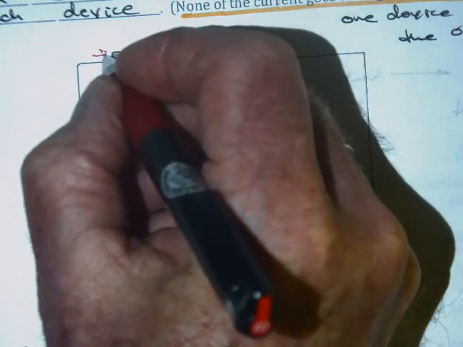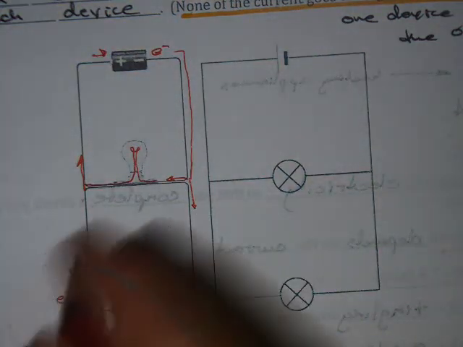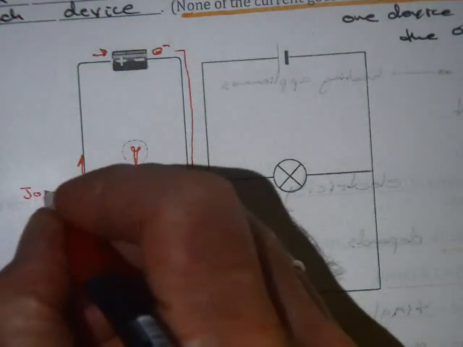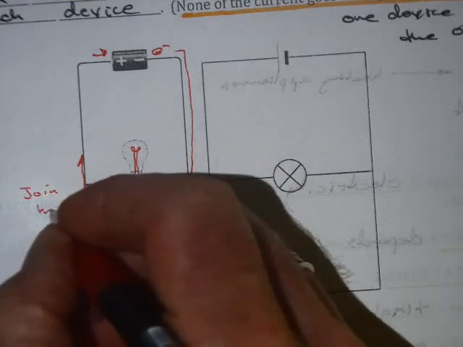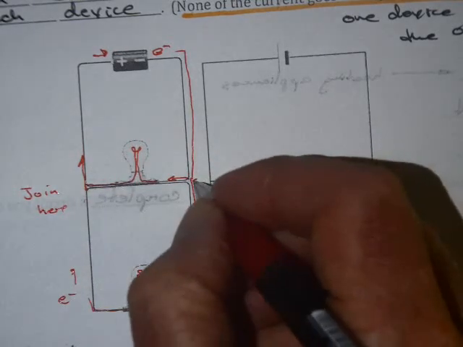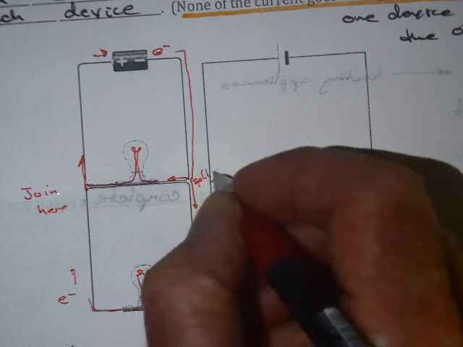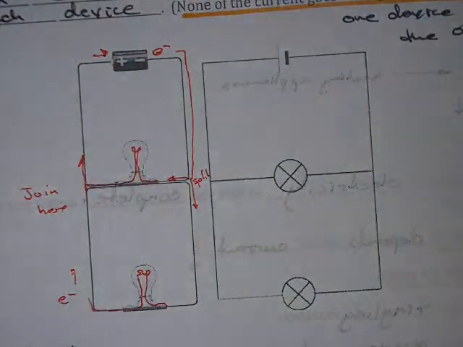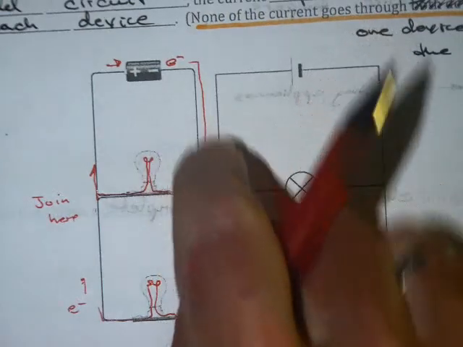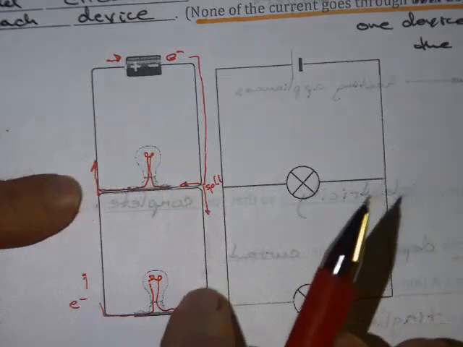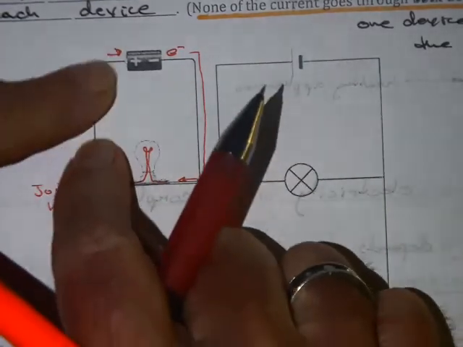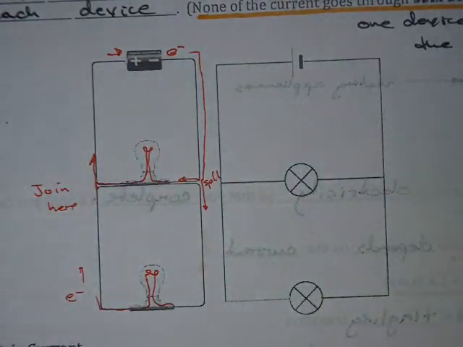They'll join up and return to join here and split here. Okay, so it's like if you have one bigger stream and it splits into two smaller streams and then rejoins each other again and goes back to the source.